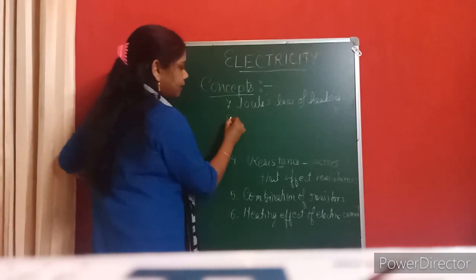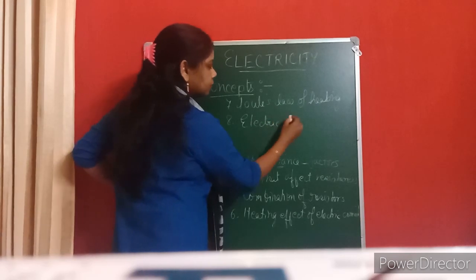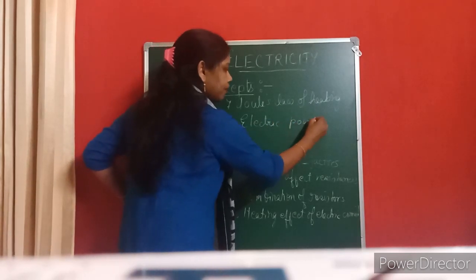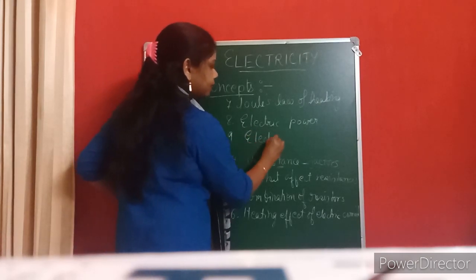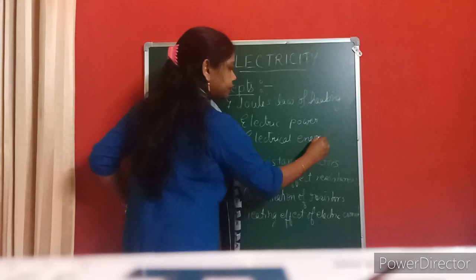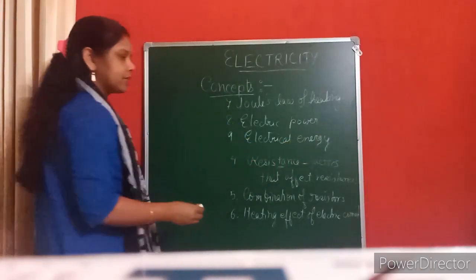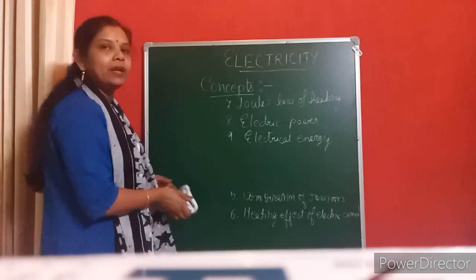Then number 8, we will discuss electric power. Then number 9, electrical energy. We'll discuss these two terms, that is, the meaning of electric power and the meaning of electrical energy.